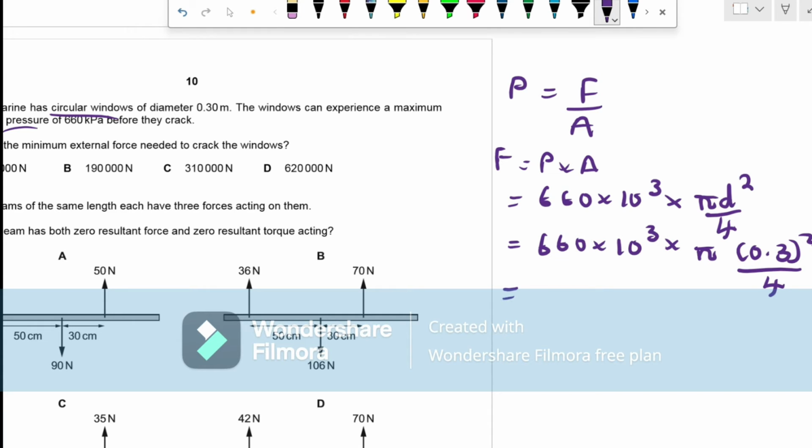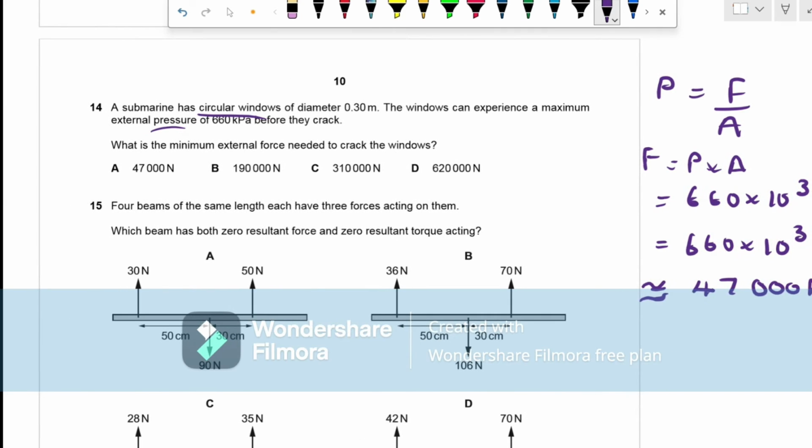That's going to give me a force of 47,000 newtons, approximately, guys. Punch this on your calculator and see it for yourself. So force is pressure times area. Water is going to apply force on these walls, right? And to crack the window, we need this amount of force because it's the maximum pressure it can handle. So the answer is going to be A.